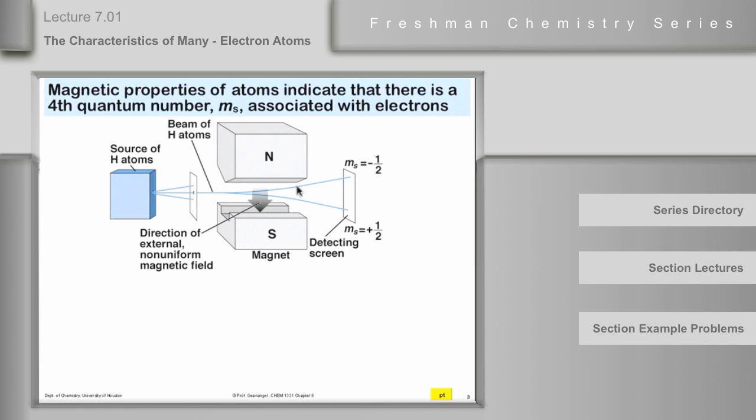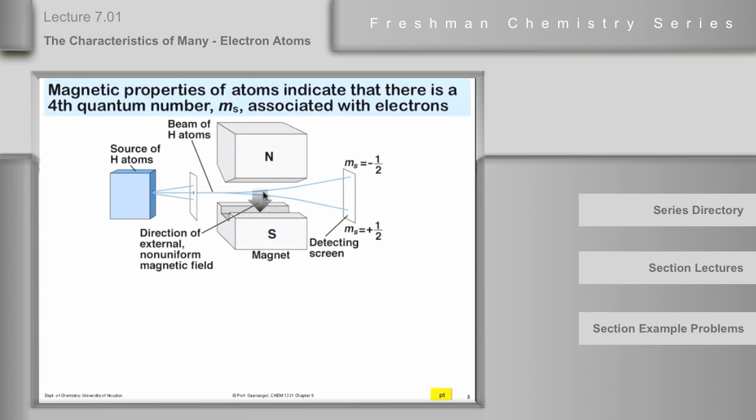The spin was quantized into clockwise and anti-clockwise. And because that's a spinning charged particle, it generates a magnetic field, and it generates a magnetic field that either has a north pole or a south pole.